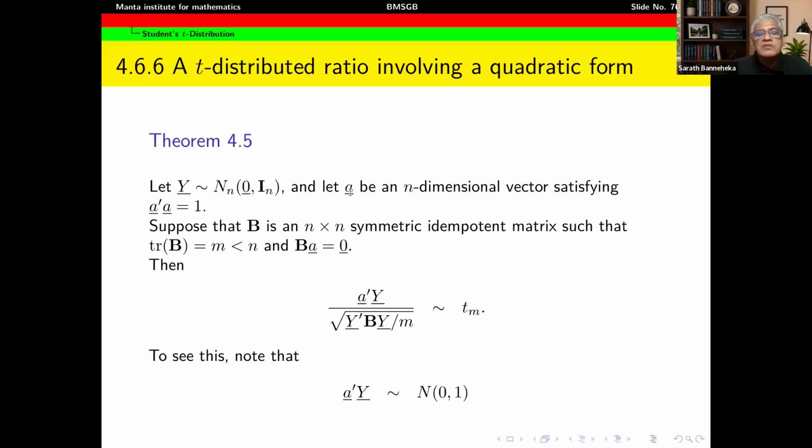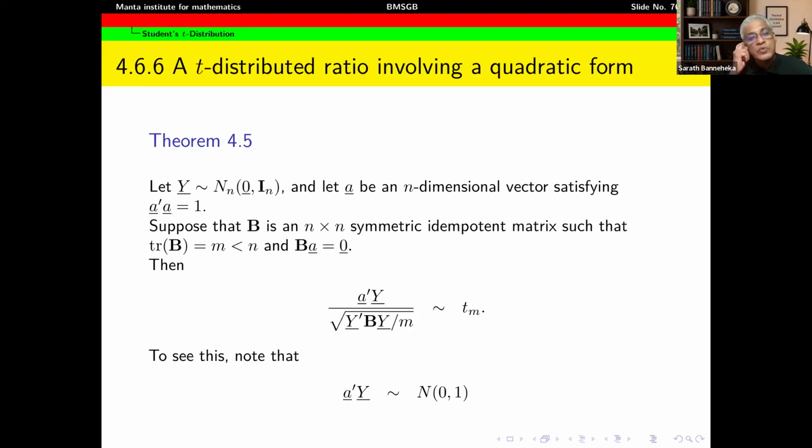And suppose a is a real n-dimensional vector satisfying a transpose times a equal to 1. In other words, a1 square plus a2 square plus a3 square up to an square is equal to 1. So we are assuming that the sum of the square terms in vector a is equal to 1.